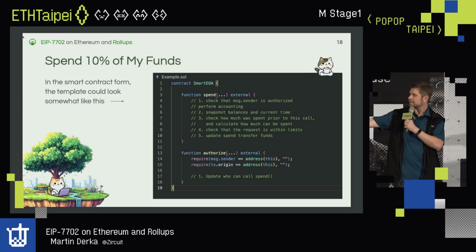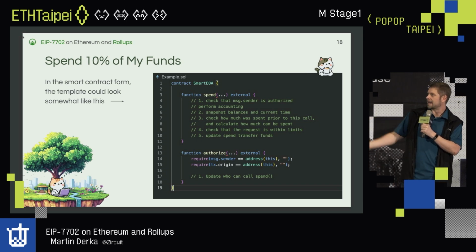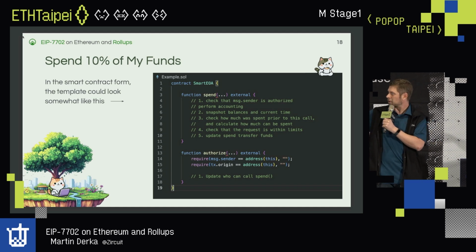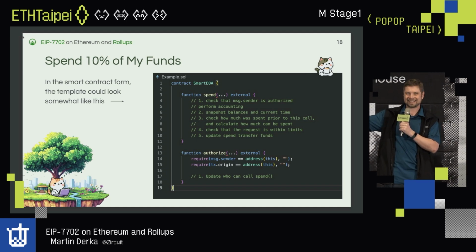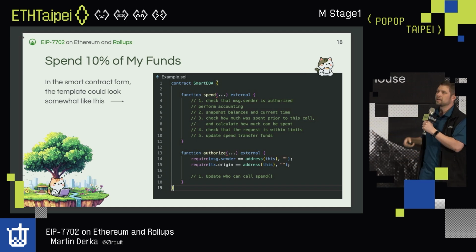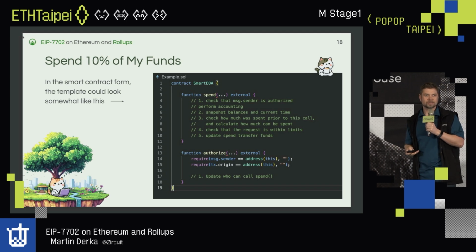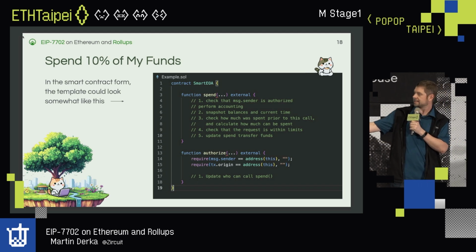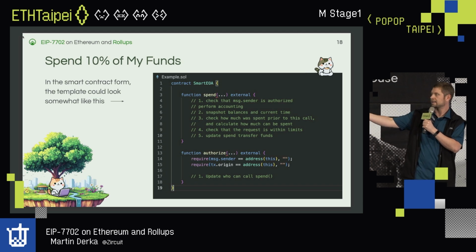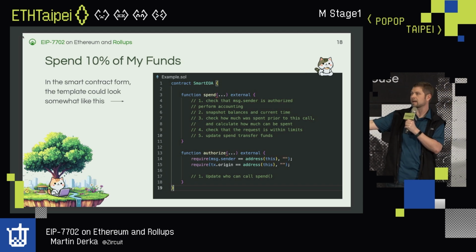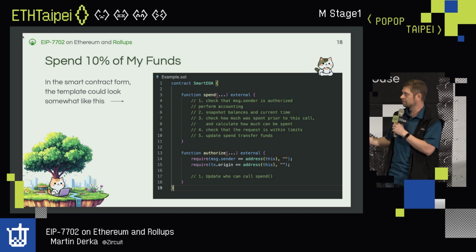The second one is transaction origin equals address this. That means that the call actually, again, came from this EOA. You probably want to add some reentrancy protection and whatever, but the goal is that in here, you update who is allowed to call this other method. So this is some kind of ACL type definition.